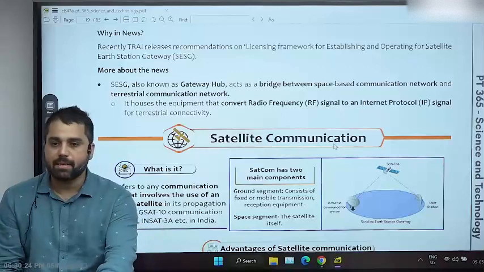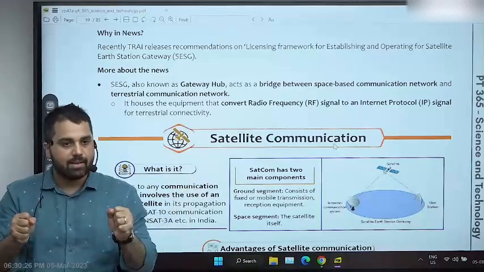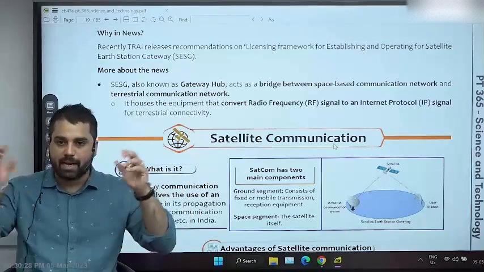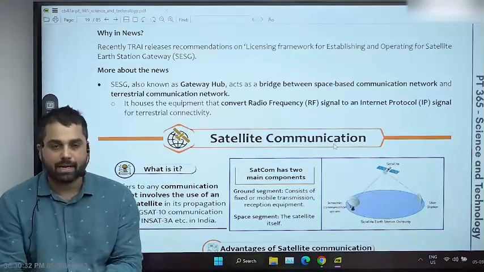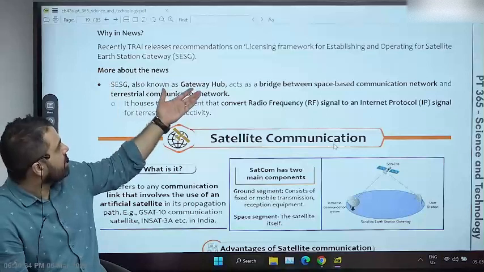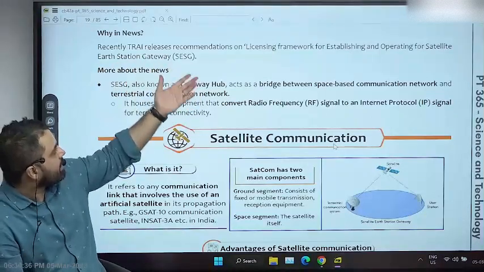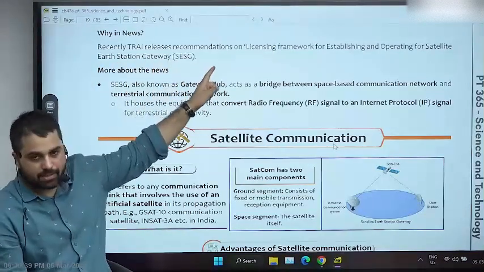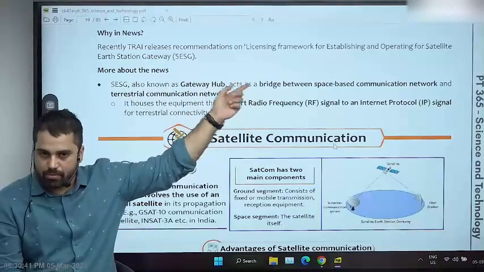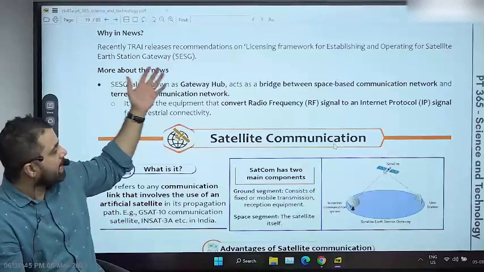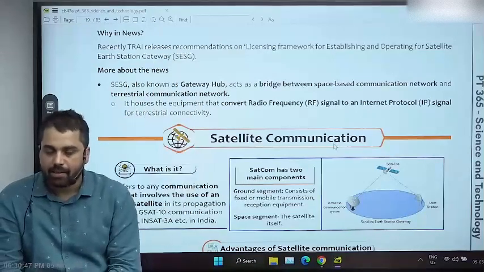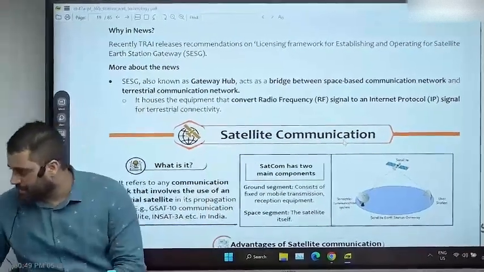So gateway simply means that there are many communication channels, but all of that communication can be directed in the desired direction with the help of one gateway. So this topic is in the news only because TRAI has released a recommendation, again a recommendation. Now it is up to the government what to do with those recommendations. कि कोई भी अगर मान लो ये earth station gateway पे invest करना चाहता है, then what should be the licensing requirement?